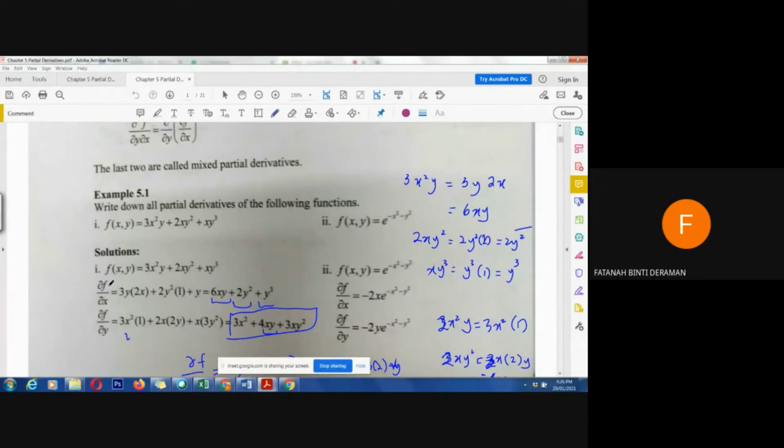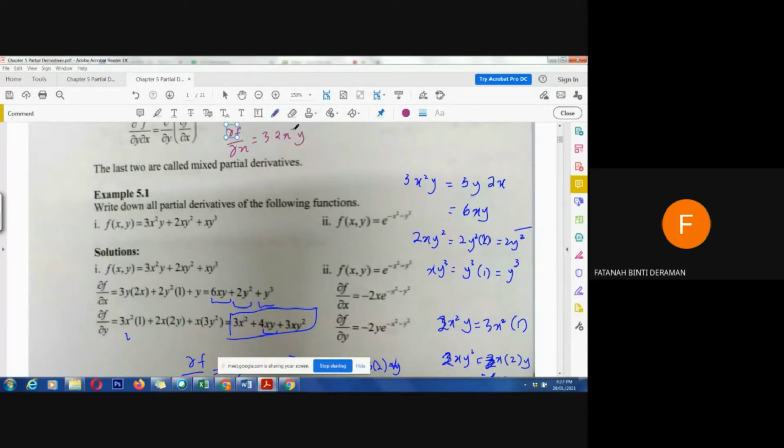first derivative, we differentiate with respect to x. So here, y will be our constant. So what we'll have here, df dx, equals 3 maintained because of the constant. So we differentiate x here, 2x, and y constant.